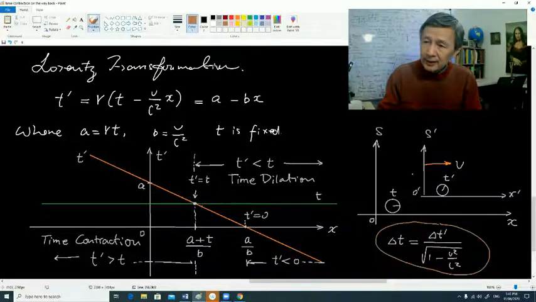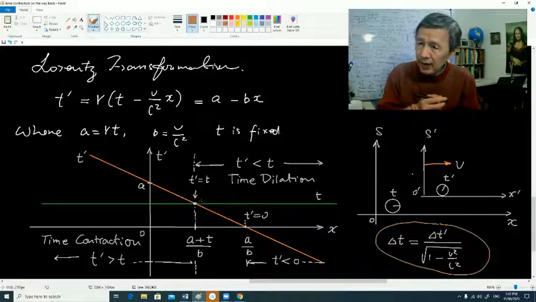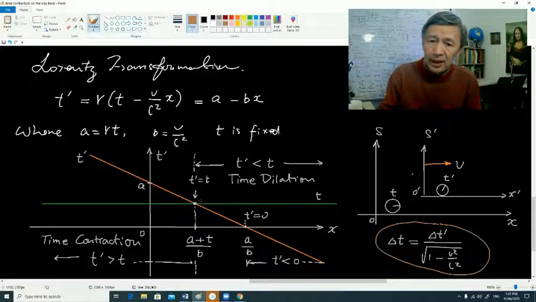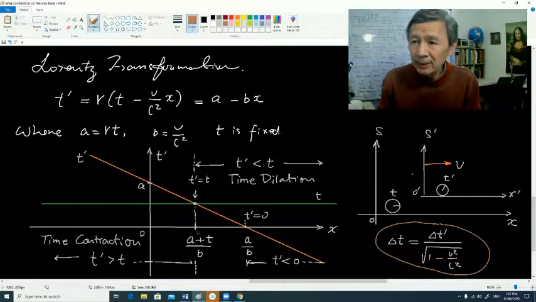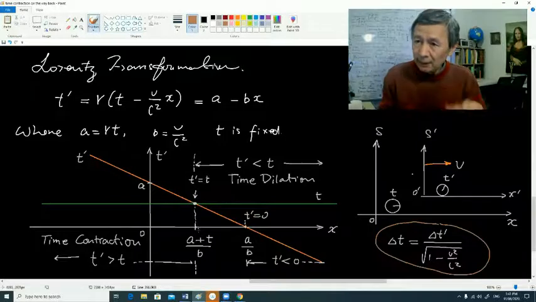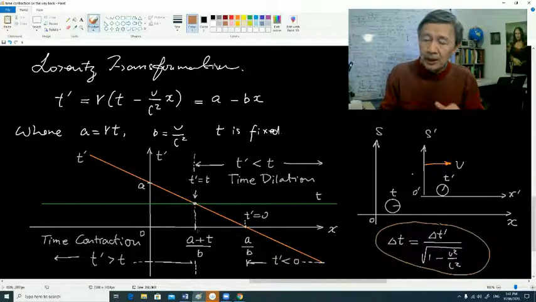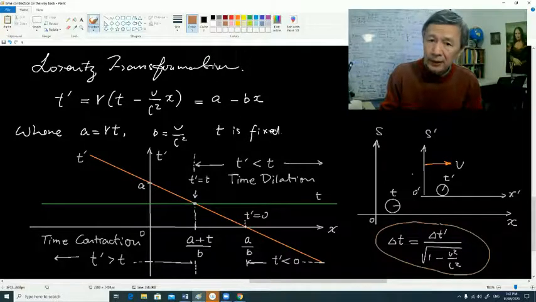But based on today's discussion, it is certain that not only can time dilation happen, as long as x, the position of the object measured in the fixed frame, is large enough. You can substitute the numbers to see, for the given velocity, what this x-intercept would be.